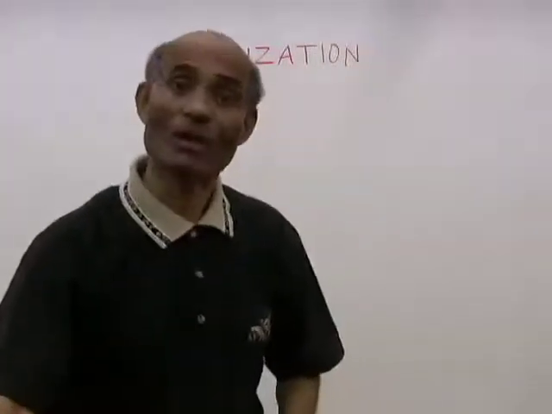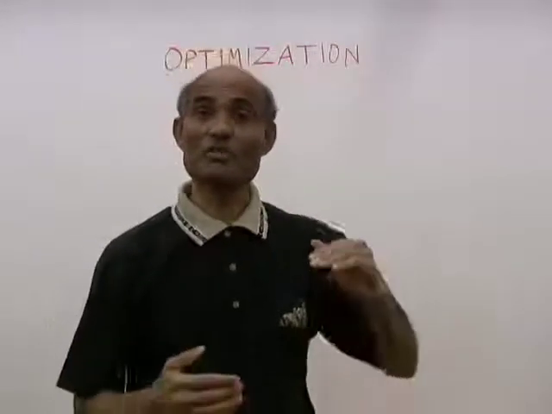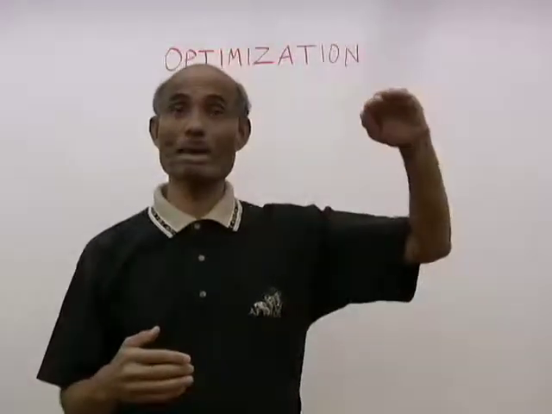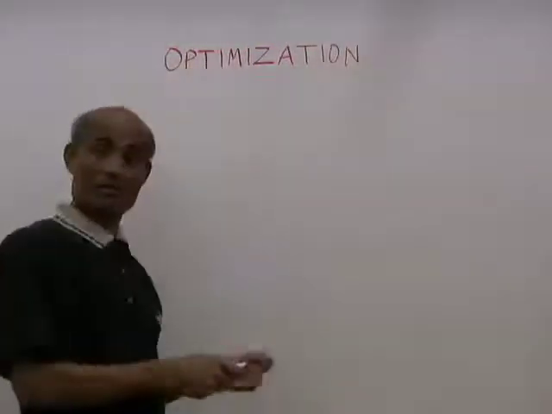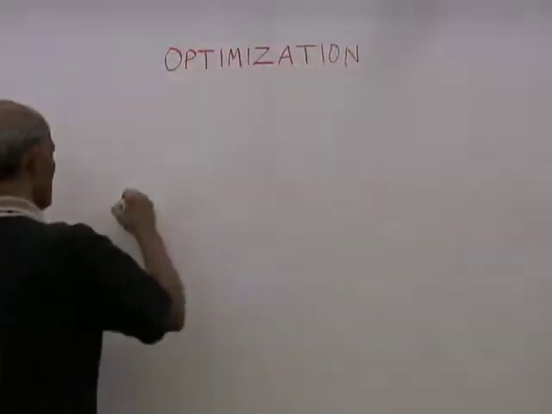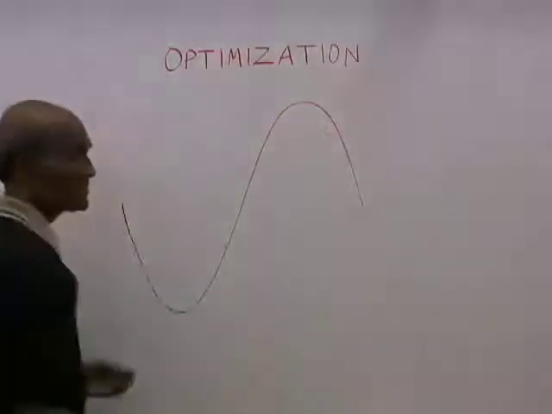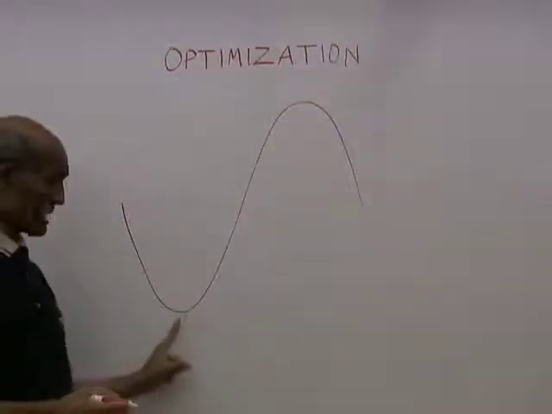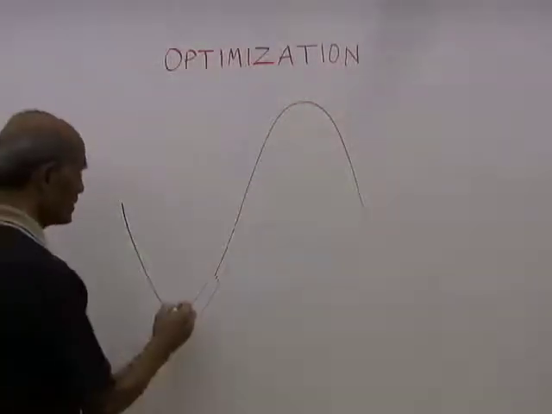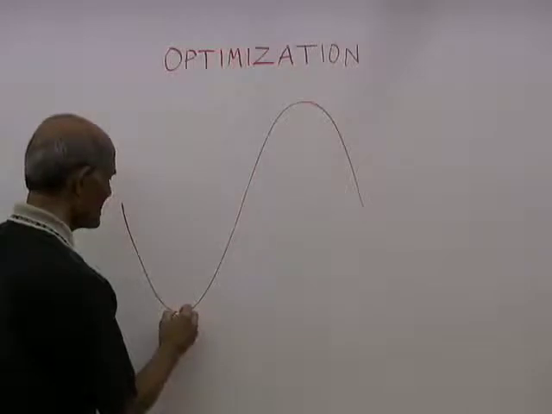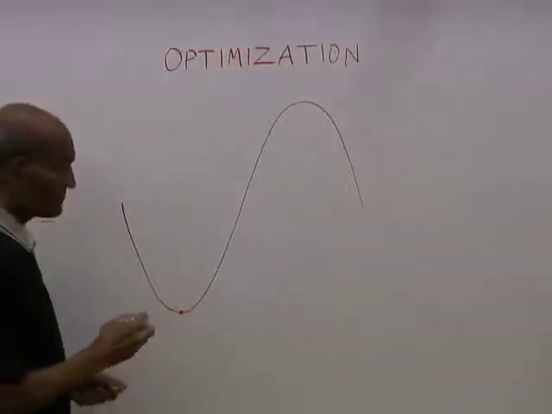All right, now what are the conditions for a function to have a maximum value or a minimum value? We have discussed that before. If you look at this, you've got a relative minimum and a relative maximum. Now, what is the condition for a relative minimum?